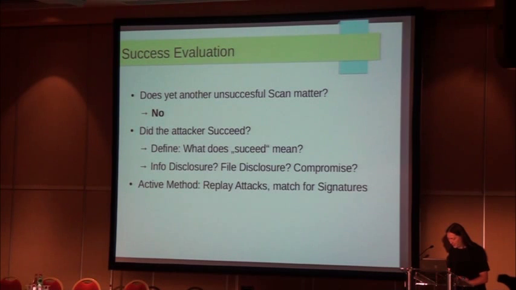What we now do is we just replay the attacks for every single request identified as an attack. We replay it, we match for certain signatures, and then think, oh, that might be some info leaking or file leaking.